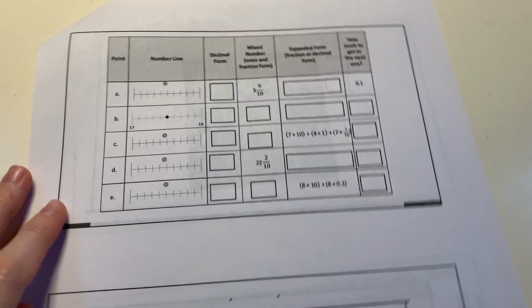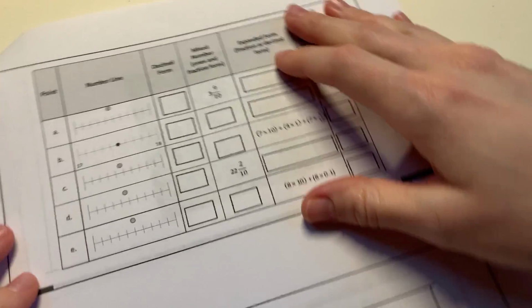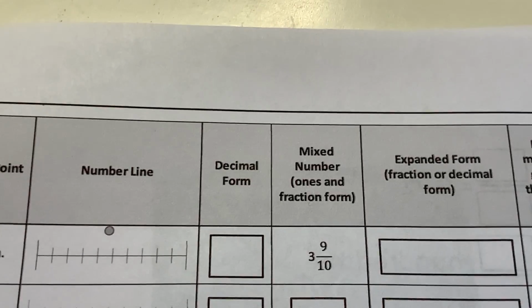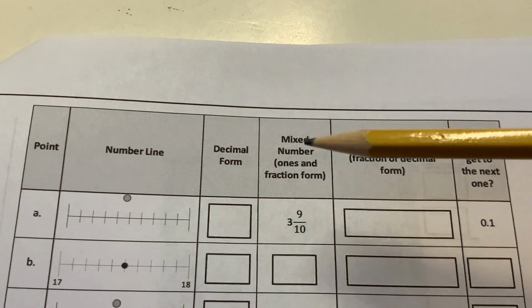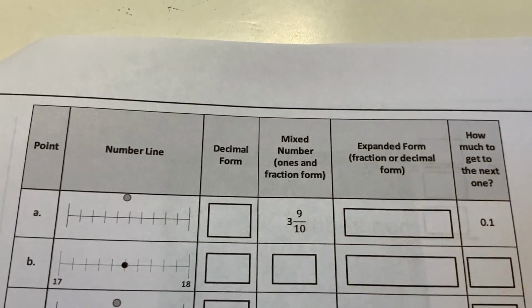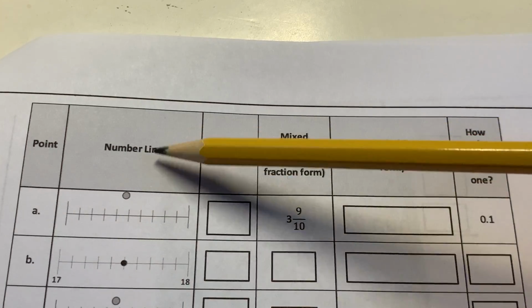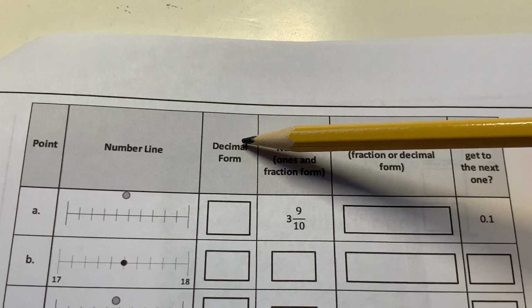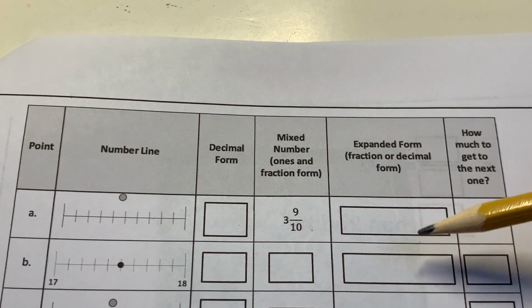All right, moving on. We have this chart here, and let's see if we can take this one line at a time. All these boxes need to be filled in, and you're going to take them one piece at a time. So you're going to take a number line. You're going to write it in decimal form, mixed number, expanded form, fraction, or decimal form.